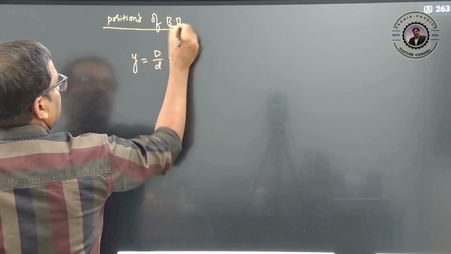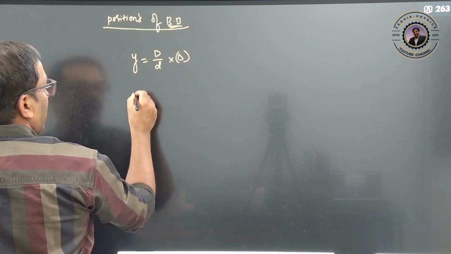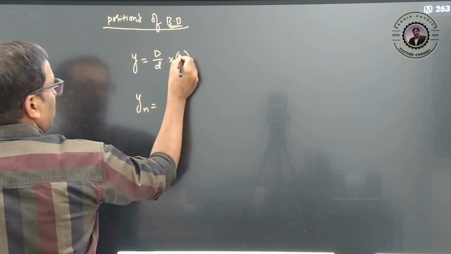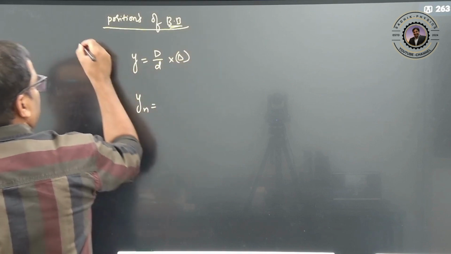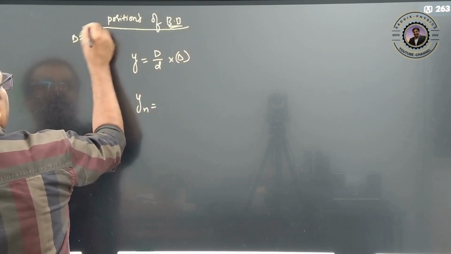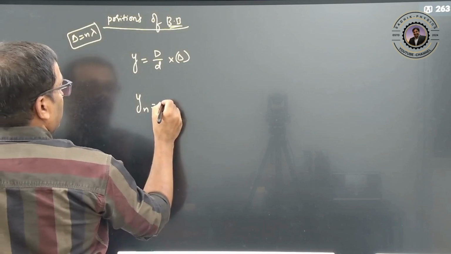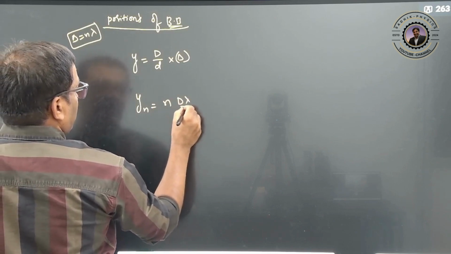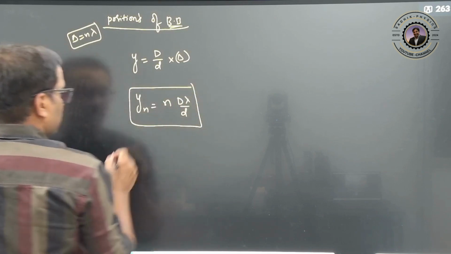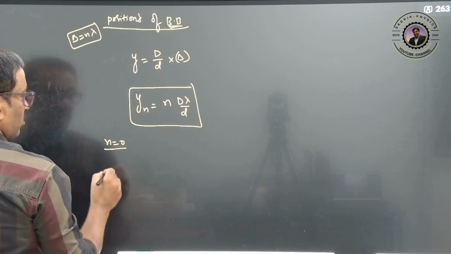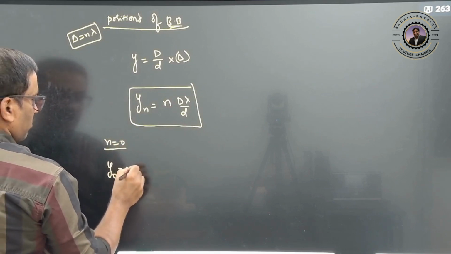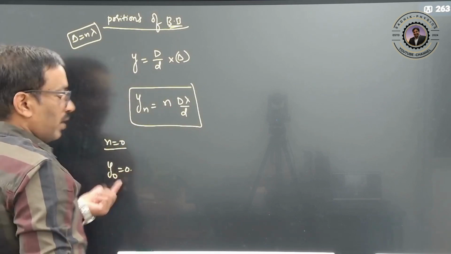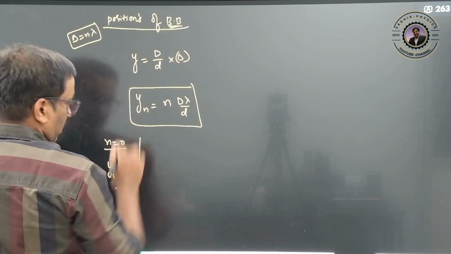For bright fringes, delta is equal to n lambda, the path difference. So y n is equal to n D lambda by d. n starts from 0, so y0 is 0, because we are starting from the central bright fringe.